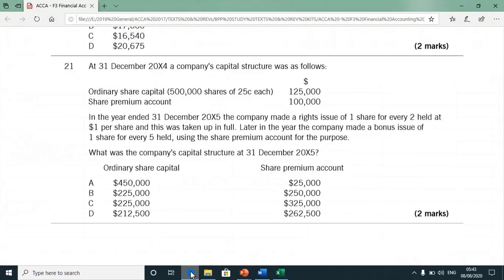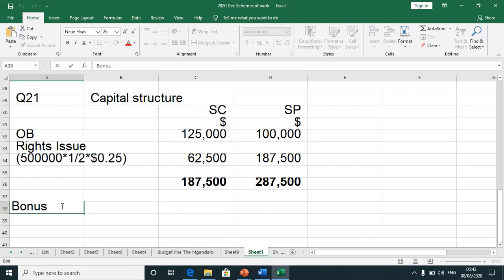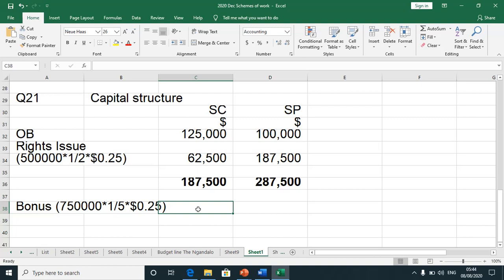Now we are told that there was a bonus issue of 1 for every 5, which shall be financed by the share premium. So the bonus will look as follows: 750 shares now multiplied by 1 divided by 5, multiplied by the par value, which is $0.25.